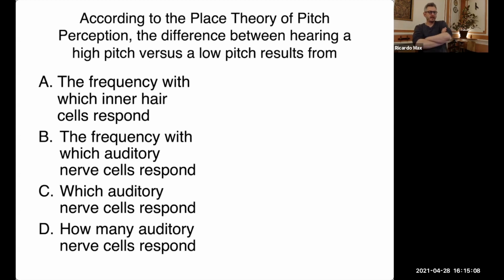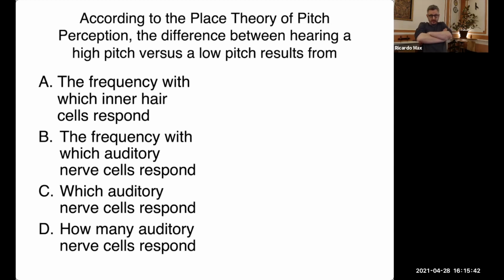According to the place theory, the difference between hearing a high pitch versus a low pitch results from place, where in the basilar membrane. So it is not the frequency with which an auditory nerve cell responds, or how many nerve cells respond, but which cells are reacting more, right?